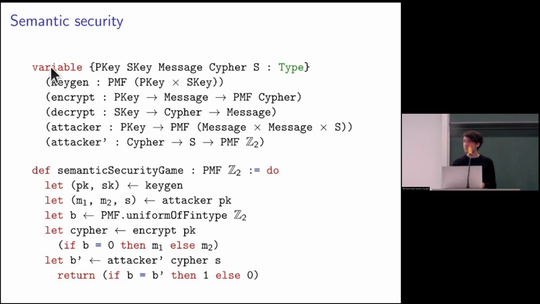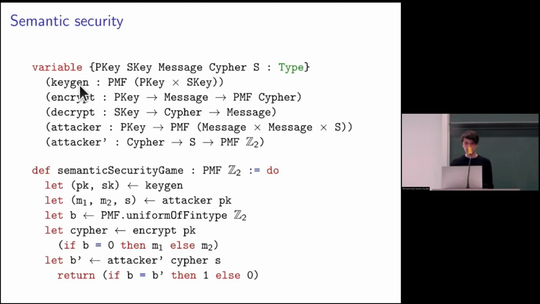So in Lean there is this variable statement, which essentially says, let these things be of this type, as you would write on pen and paper. So you essentially declare some arguments for future functions. So you assume some types for the public key, the secret key, the message, the cipher space, and then we assume we have a random key generation procedure here.